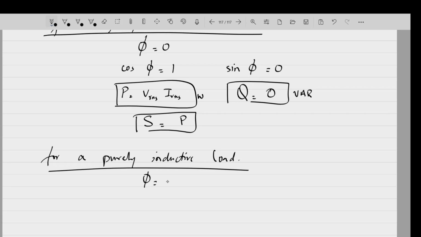For a purely, say for example, we take an inductive load, phi is equal to 90 degrees, fine. तो P कितना हो गया आपका? cos phi, that is cos 90, is equal to 0, sin phi, sin 90, is equal to 1.